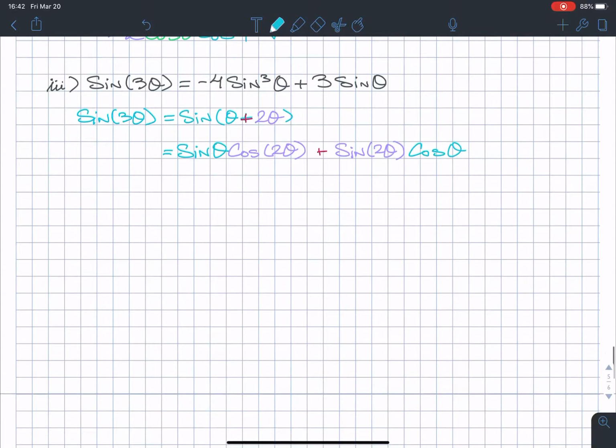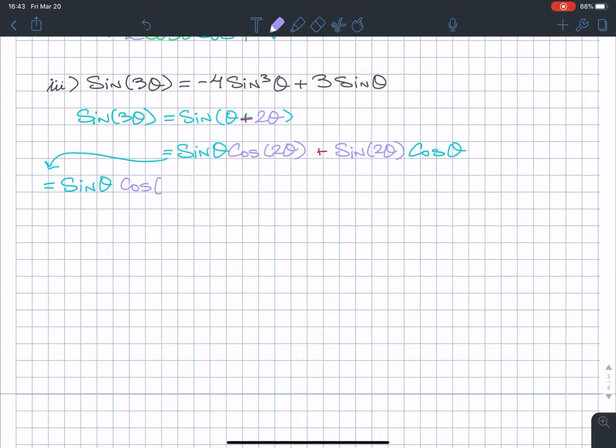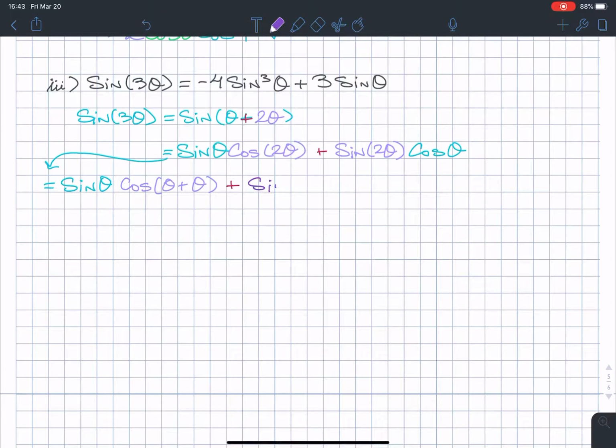Okay, and actually I'm going to move over here. So this will be sine of the first theta. Now cosine of 2 theta, I can actually rewrite as cosine of theta plus theta. Plus, I can rewrite sine of 2 theta as sine of theta plus theta times cosine of theta. And now I can use my sum and difference formulas.